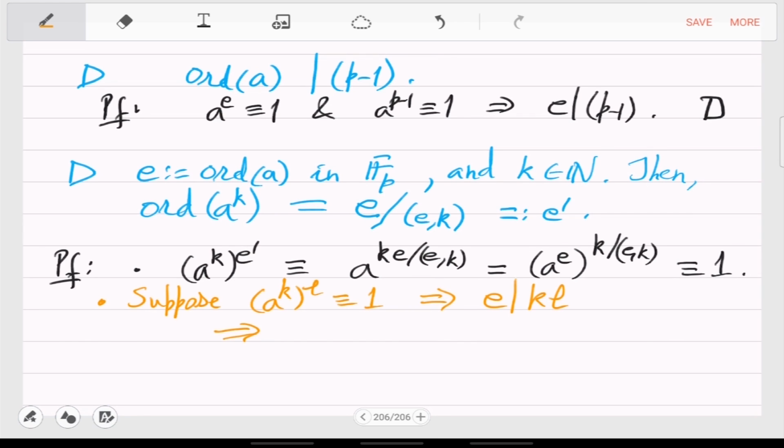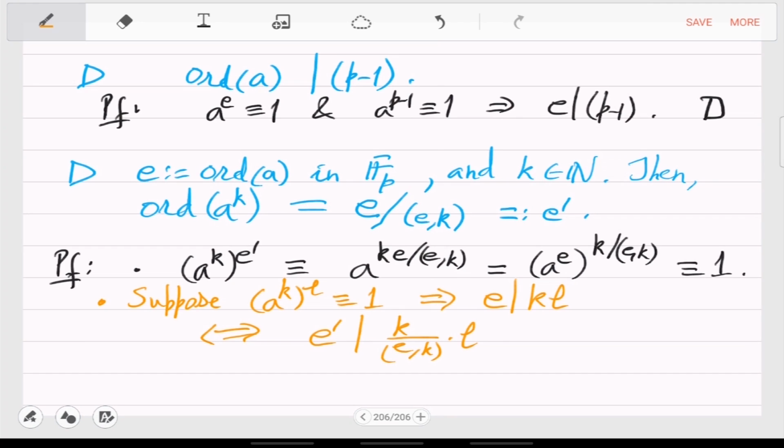Can you do that? By the GCD, right? So let's do that. So e by GCD, that's actually e prime, divides k by GCD times l. Right? That's equivalent because on both sides we have divided by the same thing.